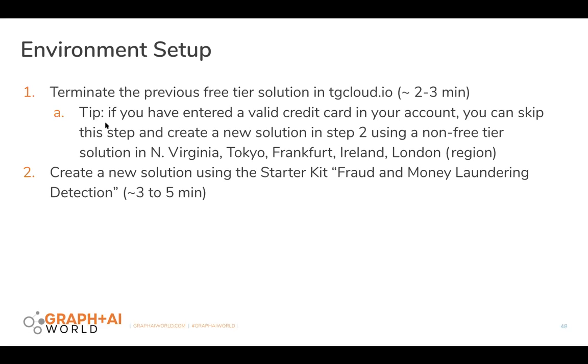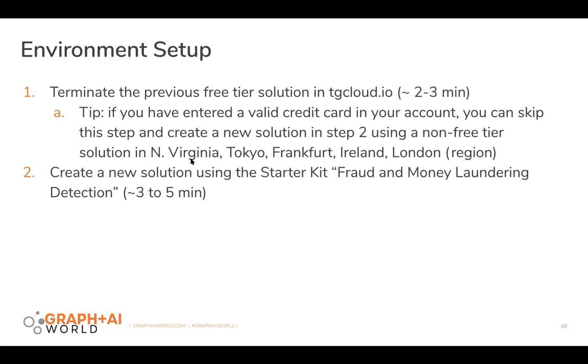The reason that we're terminating and creating is because you're using a free tier without a credit card. If you have entered a valid credit card, you can skip the step and create the new solution in step 2 using a non-free tier solution in any of these regions. So it's up to you whether to go through the termination and then create a new solution again, or use a pay tier solution.